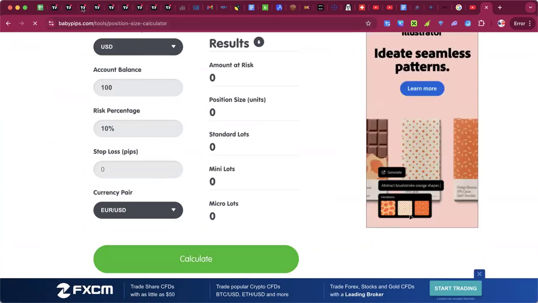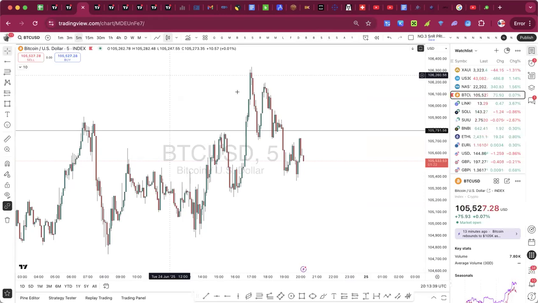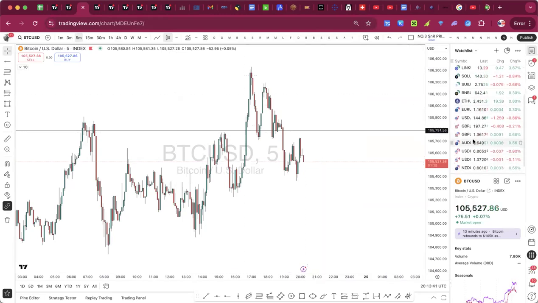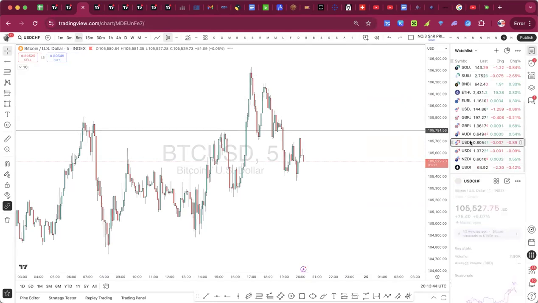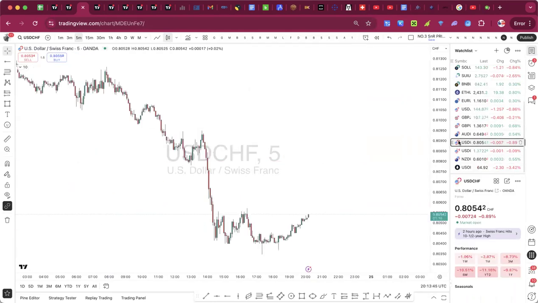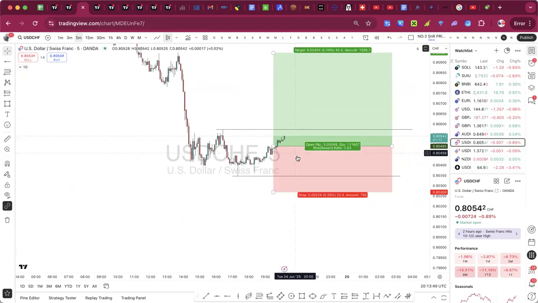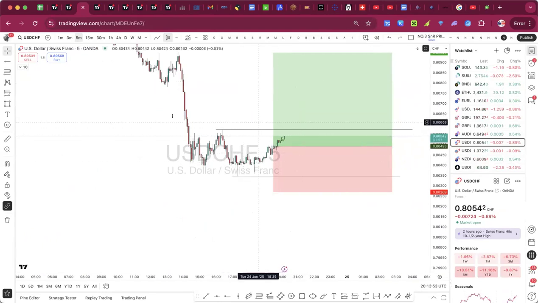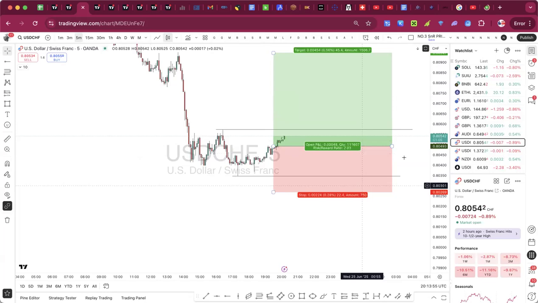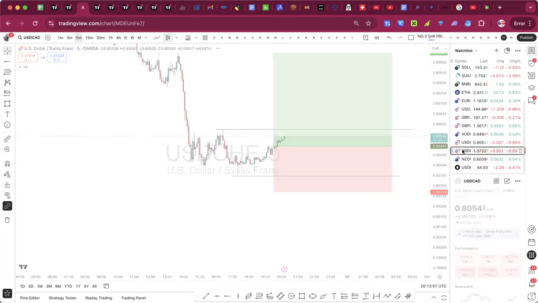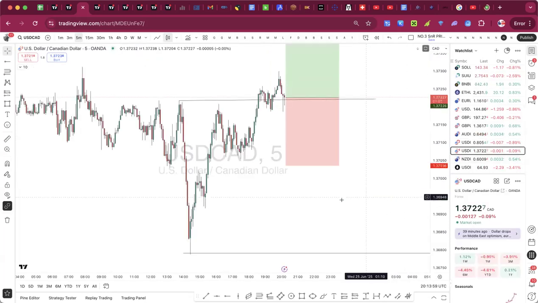Now, if you look at this trade we entered, that's USD CHF. This USD CHF we entered. So we say stop loss is about how many pips? 22, 20, let's just call it 23 pips. So let's look at USD CAD.